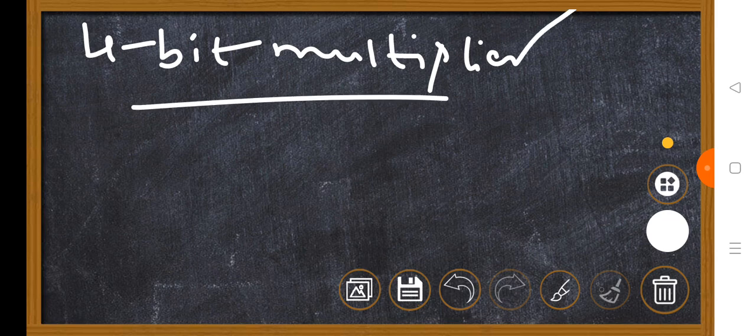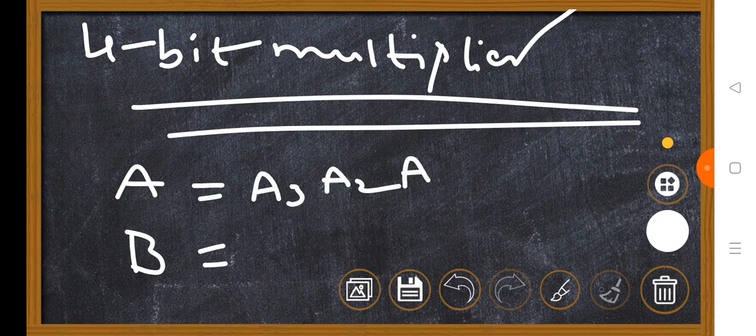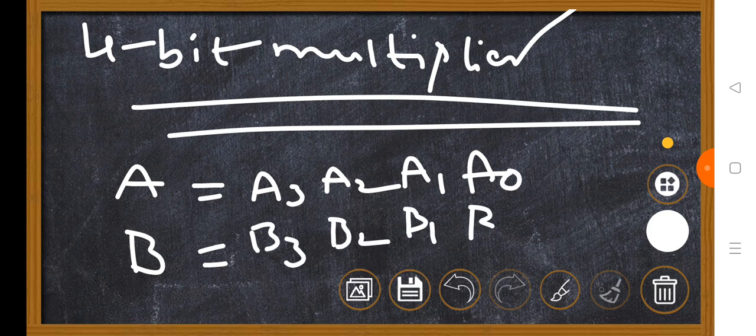In a 4-bit multiplier, A and B are the two inputs. These inputs consist of 4 bits: A3, A2, A1, A0, and B3, B2, B1 and B0.